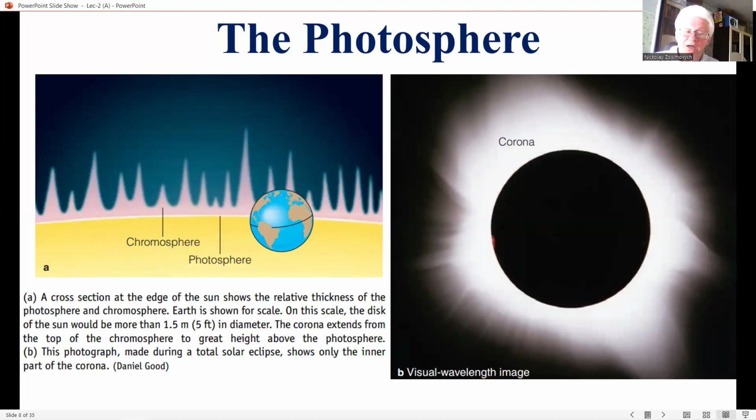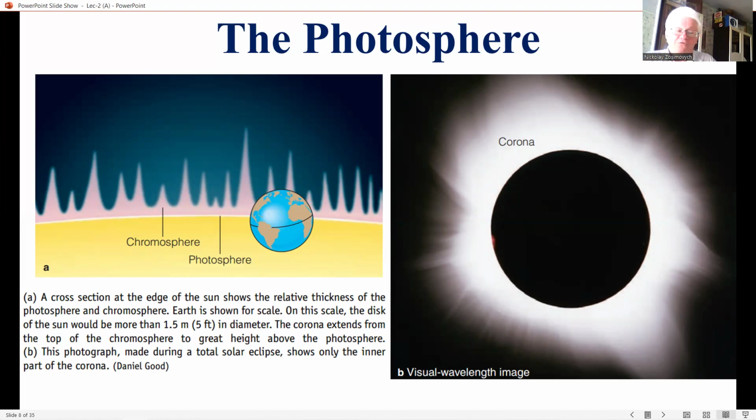Above the photosphere, the gas is less dense and is unable to radiate much light. Also, the photosphere appears to be substantial, but it is really a very low density gas. Even in its deepest and densest layers, the photosphere is 3,400 times less dense than the air you breathe.